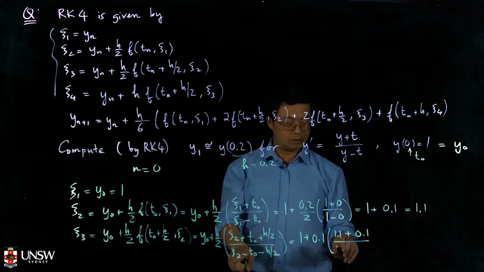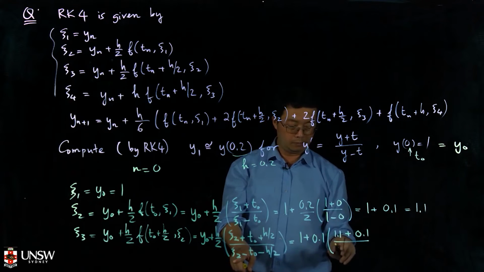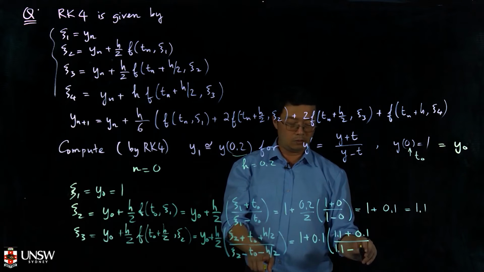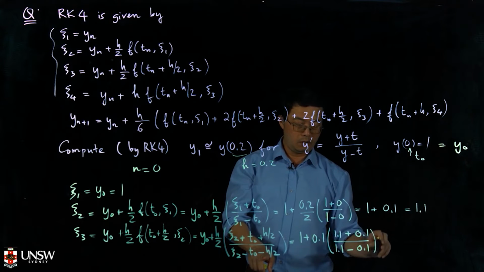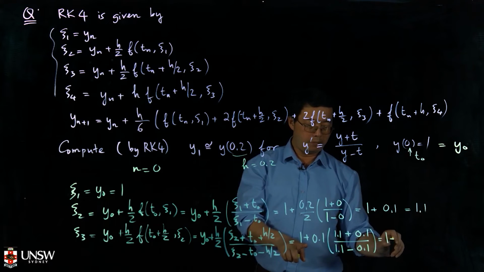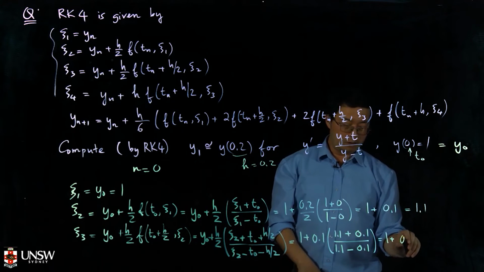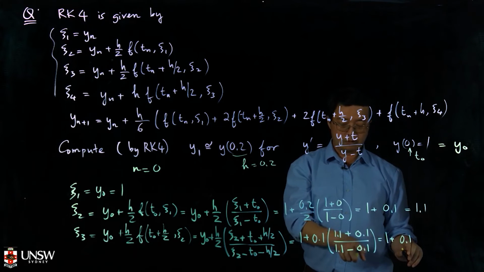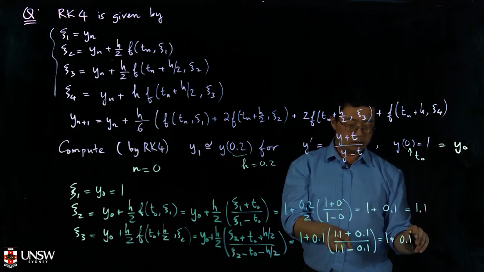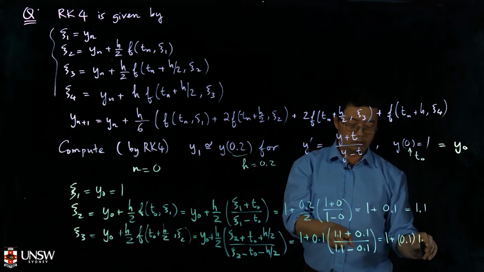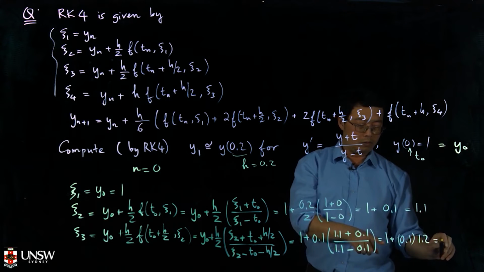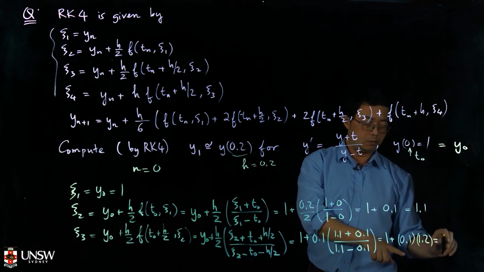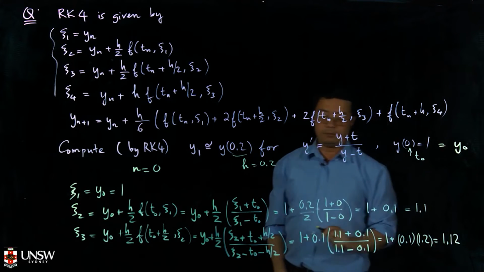And here xi2 is 1.1 minus 0 minus h over 2, which is minus 0.1. This gives you 1 plus 0.1 times, the numerator is 1.2 and the denominator is 1. So it gives you 1 plus 0.12, which is 1.12.